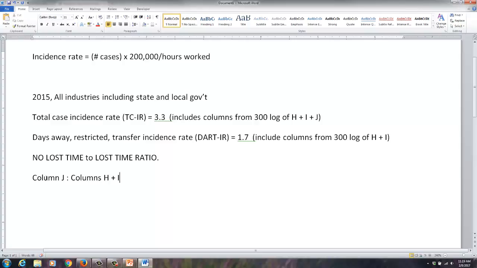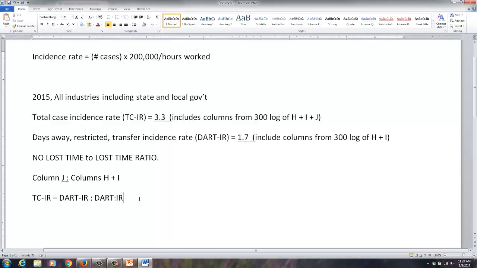So if we look at the J versus the H and I, one way to look at it from an incidence rate is that if we took the total case incidence rate and subtracted the DART incidence rate, that would be J, H, and I minus H and I, compared to just H and I. This is the lost time.